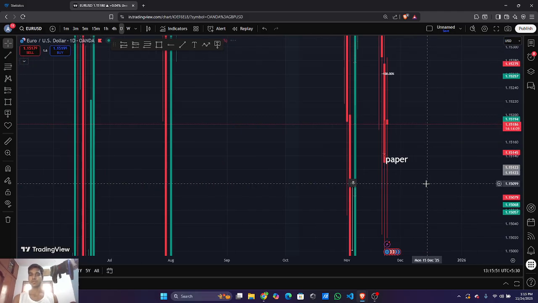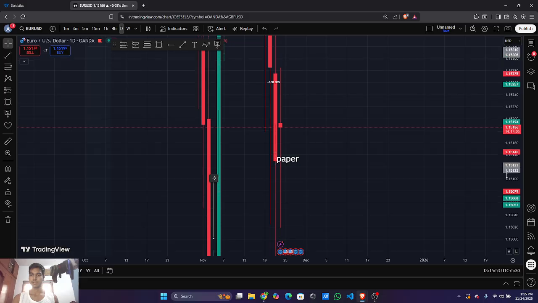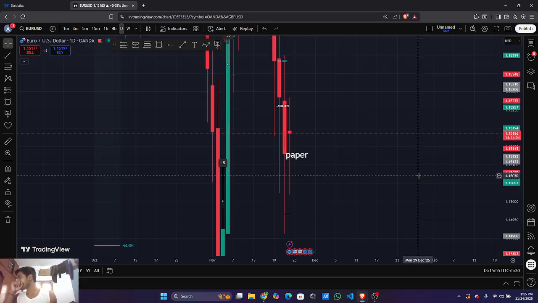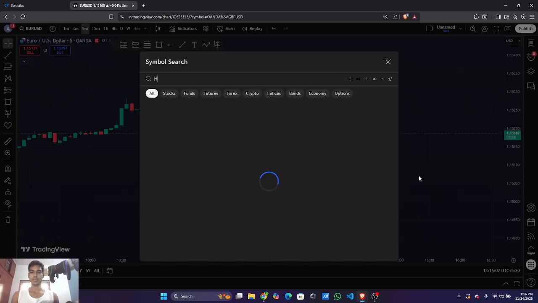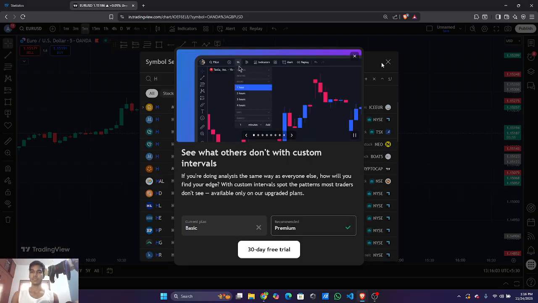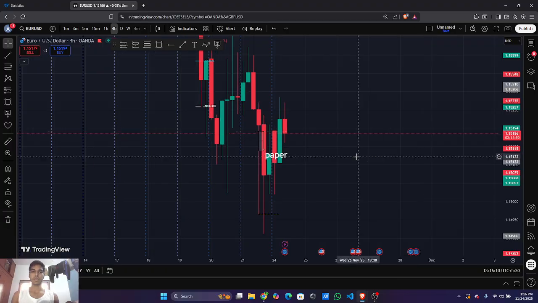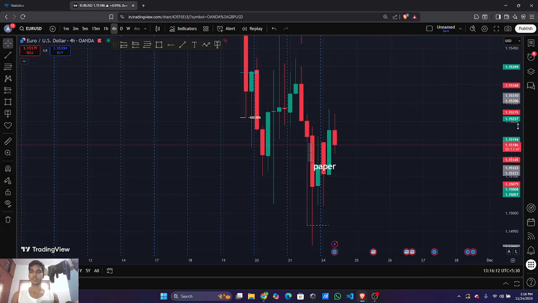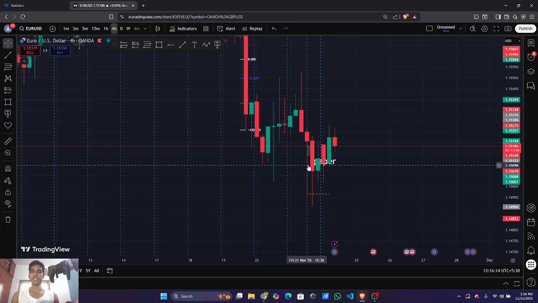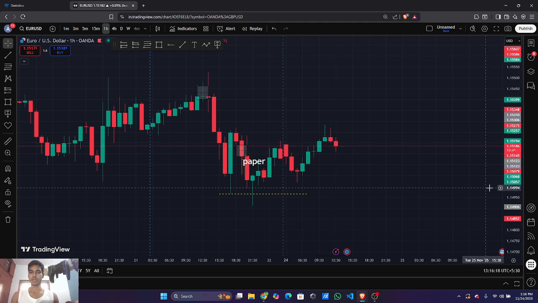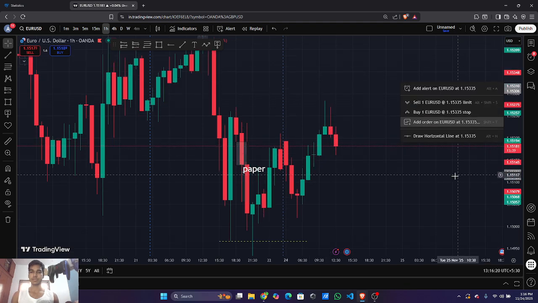Euro. Daily it's around its opening price, so 4 hour is bullish. Technically it's bearish, but you can see it's in the 4 hour order block. 1 hour is also bullish.